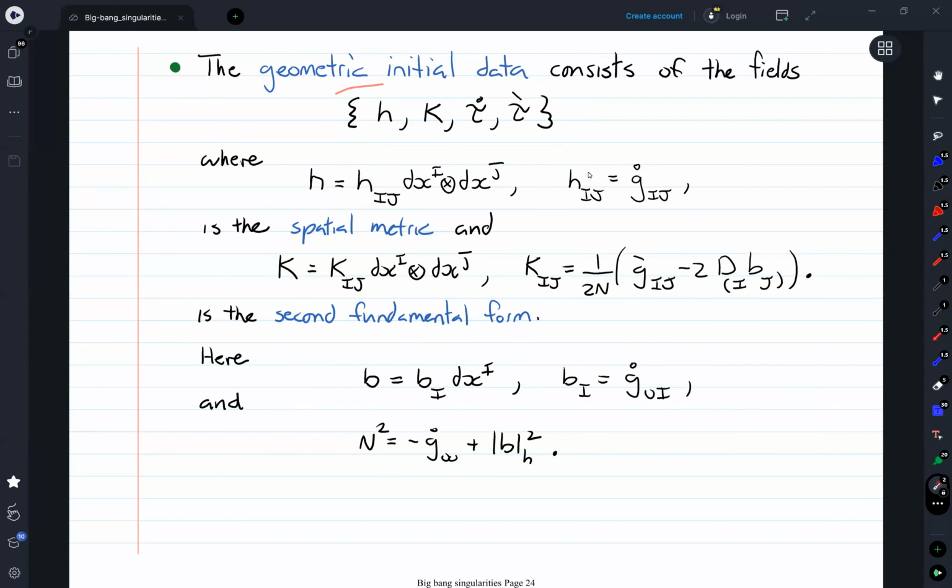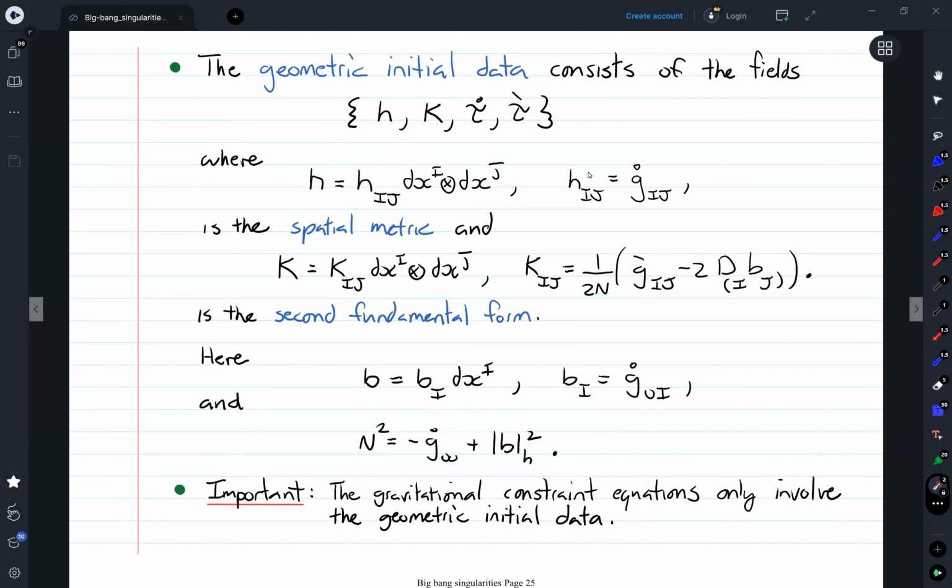All the rest of the initial data is gauge, and it doesn't matter how you choose it. Okay, if I choose it one way, you choose it another way, as long as our geometric initial data is the same, we have the same physical solution. They will only differ by a diffeomorphism, which we can't tell. There's no experiment that will tell that these are two different solutions. Okay, so geometric initial data is the only thing we care about. The rest of it, we can pick how we like.